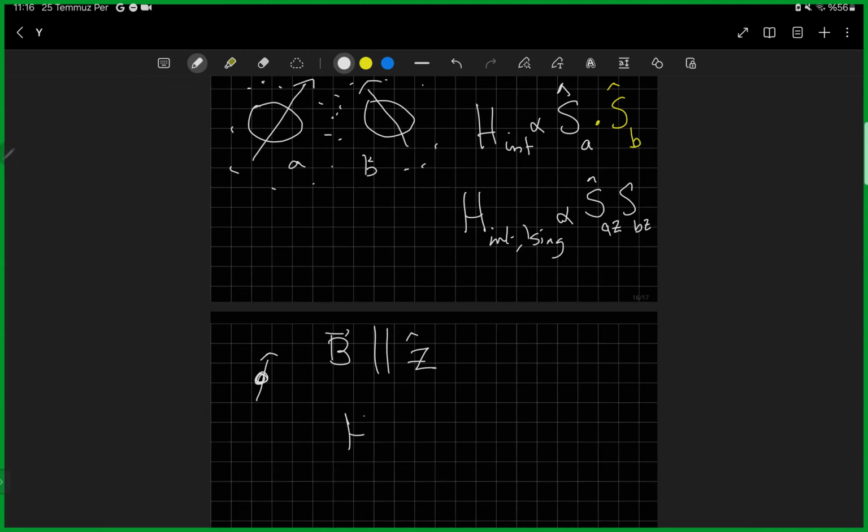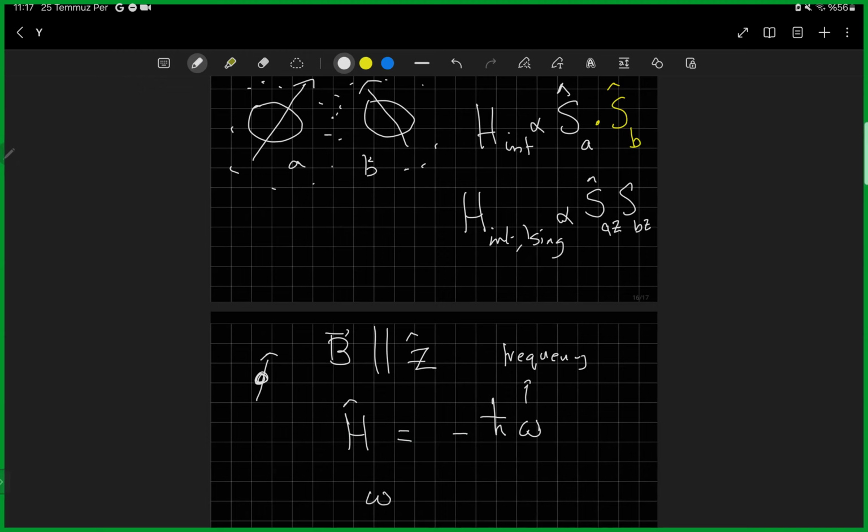That Hamiltonian H is given by minus ħ omega, some frequency.